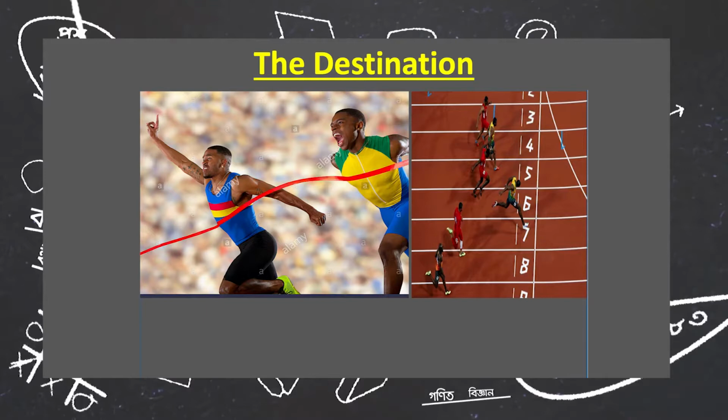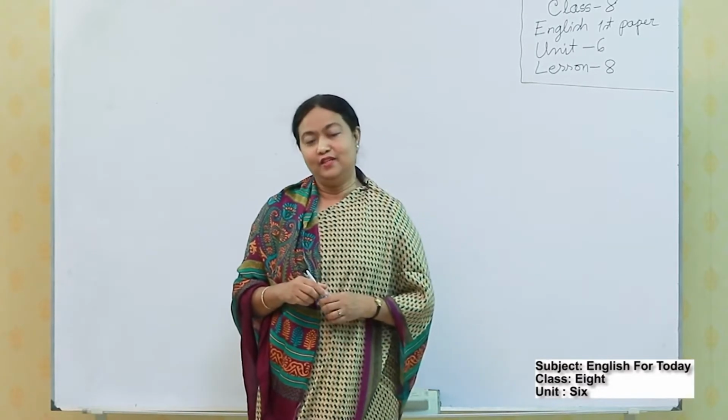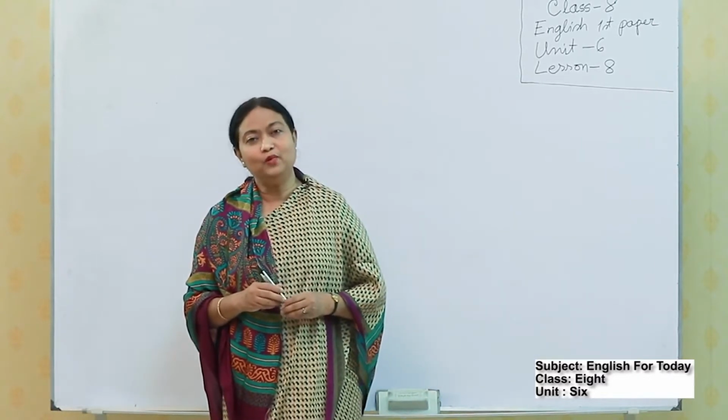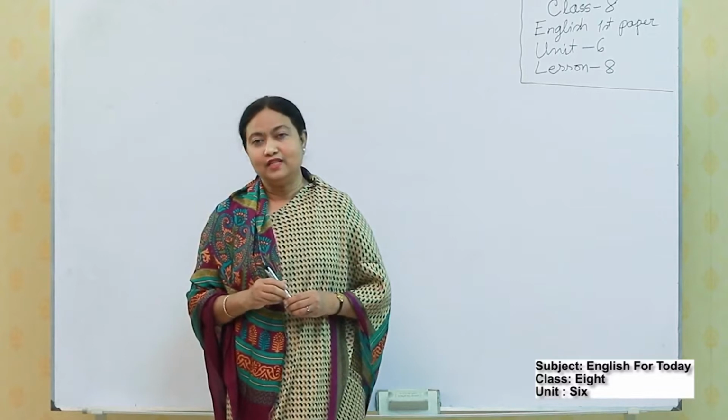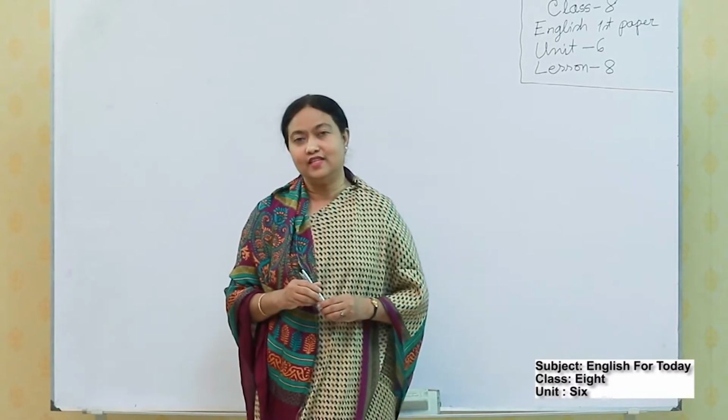And there is a ribbon at the end of the path, and the athletes want to reach the end, and it is their goal. That means destination. Today our topic is the destination. Open your book, unit 6, lesson 8, the topic, the destination.